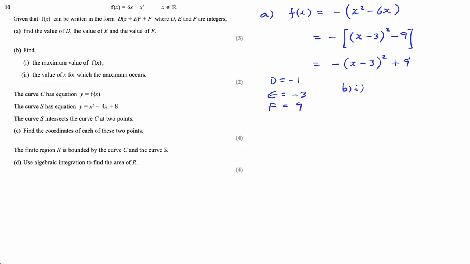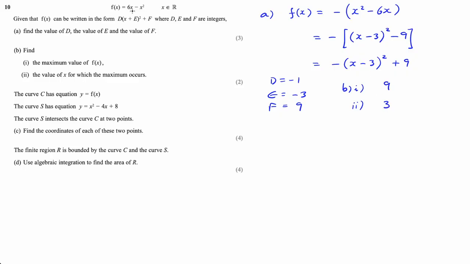It is the y value when x is 3, so it's 9. And then the value of x where this occurs is the 3. So it's the value of x that makes this 0. So 3 minus 3 is 0, so x is equal to 3.